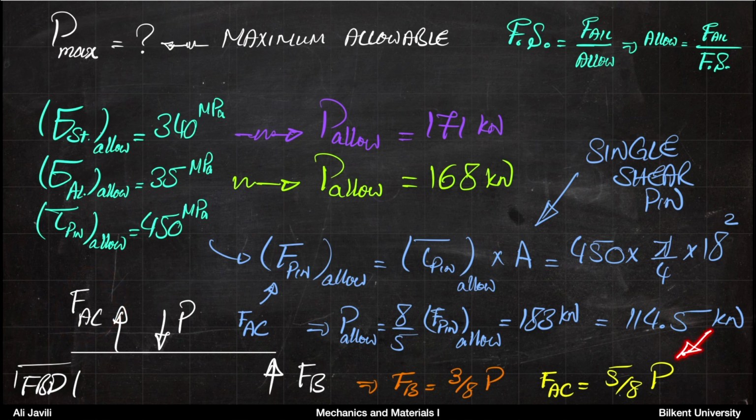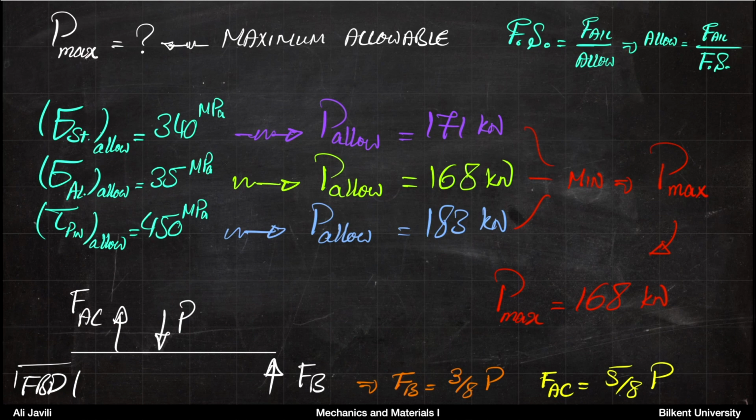And if you use that, the allowable P that you get would be 183 kilonewton. Okay, now this is all you want. So basically you can apply maximum 183 kilonewton and the pins would be fine.